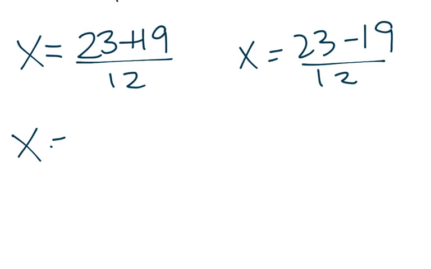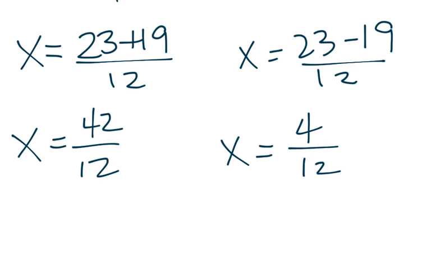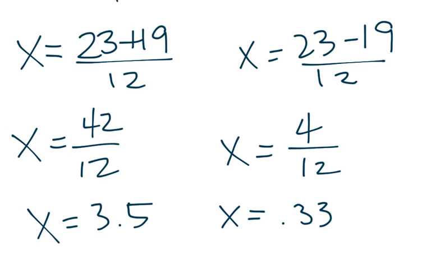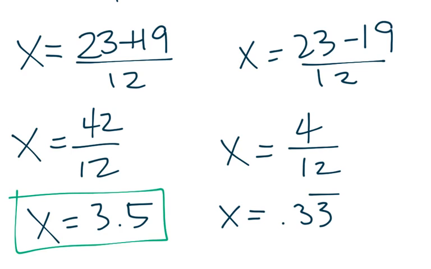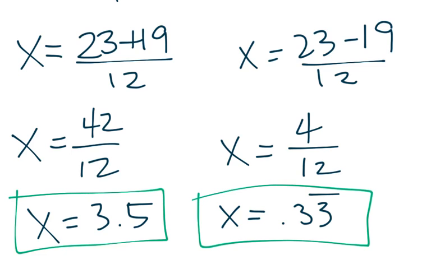So we have x equals 42 over 12, or x equals 4 over 12. 42 divided by 12 is 3.5, and 4 divided by 12 is the same as 1/3, so that's going to be 0.33333, on and on and on. So these are your two answers, x equals 3.5 and x equals 0.3333333.